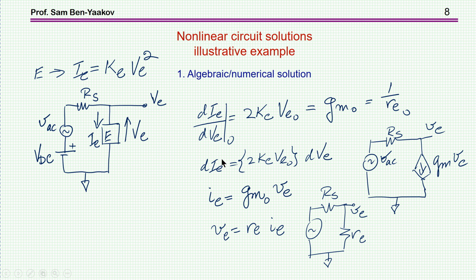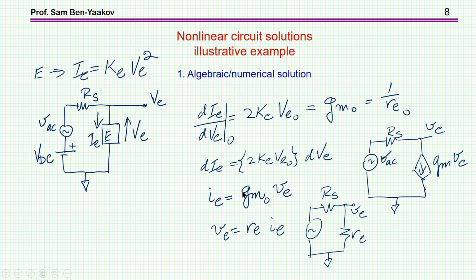So we can say, by multiplying here this dVe, that the small change in I is equal to some constant times the small change in Ve, or in terms of small signal, we say that the AC current will be equal to Gm times the AC voltage.